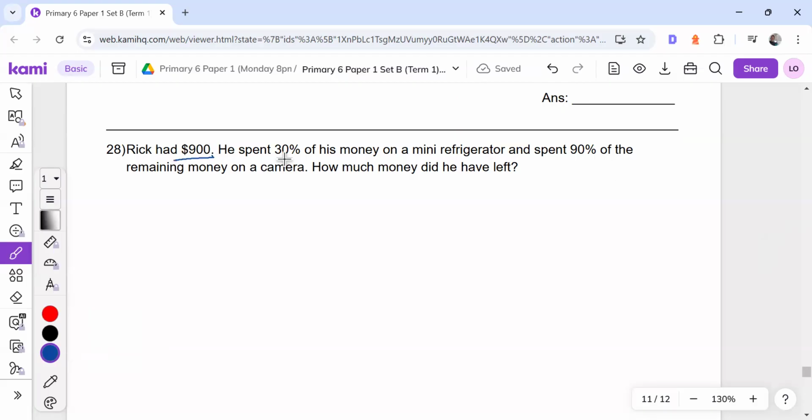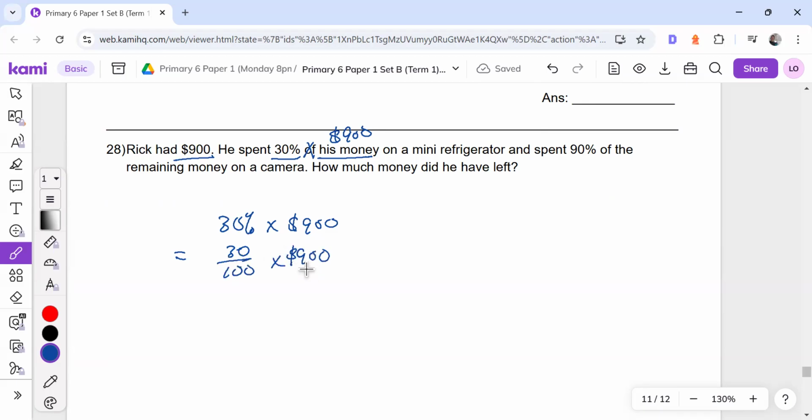Rick had $900. He spent 30% of his money. So his money is 900. Just put on top. What is off? Off is times. So can you go and find how much is 30% of 900? Change the percentage to fraction, then multiply by 900.